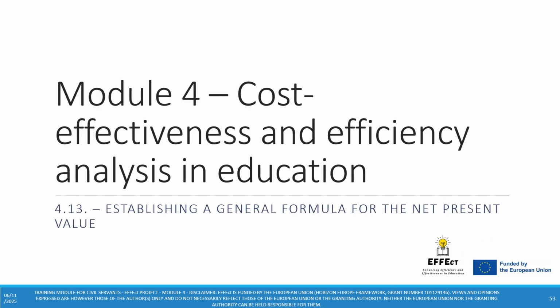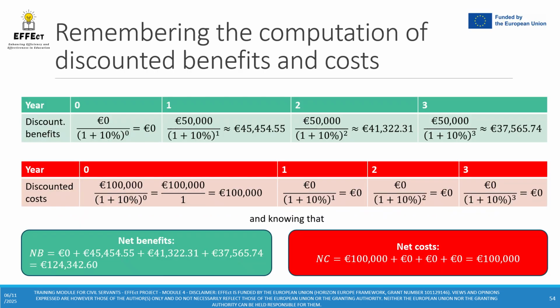Dear participants, welcome to submodule 4.13. In the last submodule, we have discovered the net present value, and now we will establish a general formula for it. As we have done last time, we can compute the net benefits by taking the sum over all of the discounted benefits, and we can compute the net costs by taking the sum of all the discounted costs.